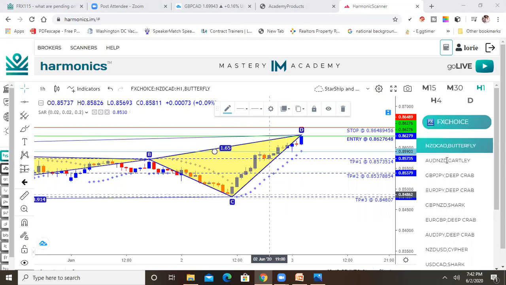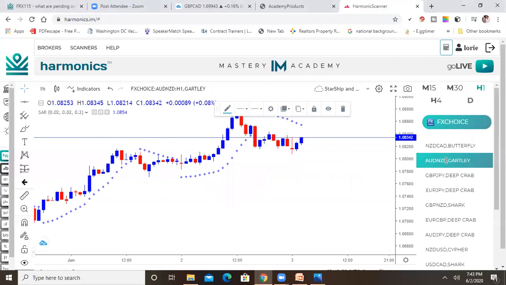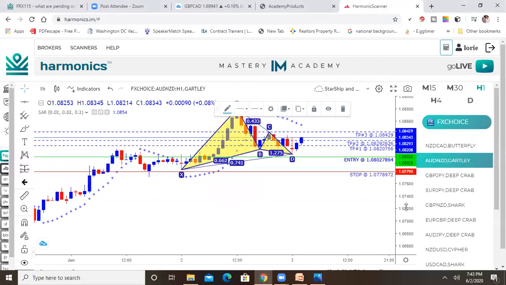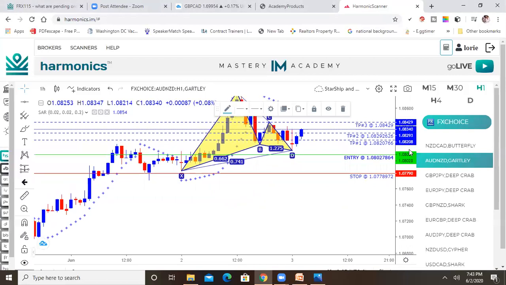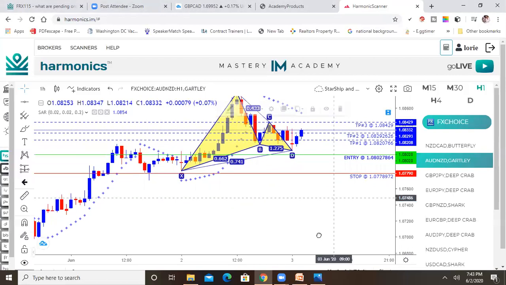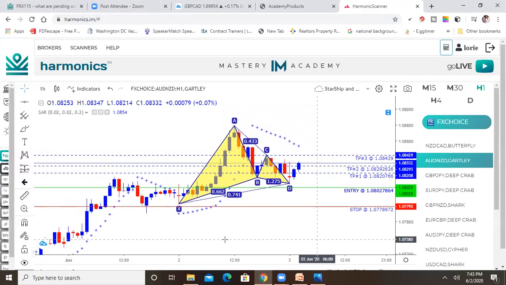So let me pick another one, AUD, NZD. Let's see what's going on behind the scenes on this one. All right, here's one going in the opposite direction. Here is a buy opportunity. So I went down the line and I saw AUD, NZD.